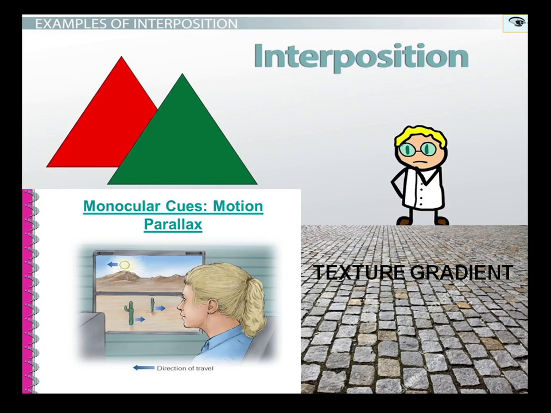So the next one, of course, we have the texture gradient, very important. So this actually is quite interesting, because if for instance we take the example of maybe a floor or a wall that is bricked, closely bricked, and if we are standing on the floor, at one end of the floor, we'll actually feel that the other end of the floor is quite densely packed.